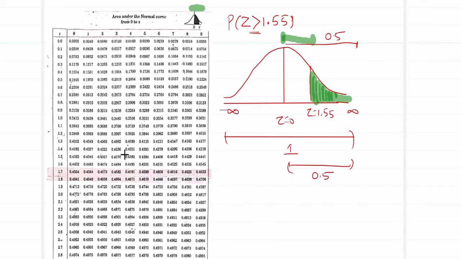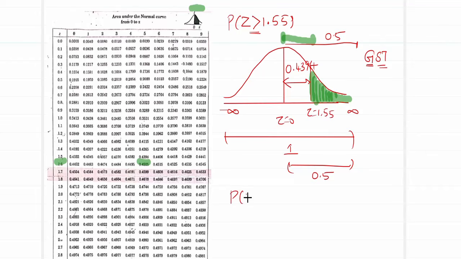So from the value 0 to 1.55, how much did we get as 1.55? Go and search 1.5 and this is going to be your 5. So how much is the value? The value is 0.4394. So how to get this beyond portion? Keep in mind the shortcut formula GST. Greater means subtract. When you have greater than, you will have to subtract.